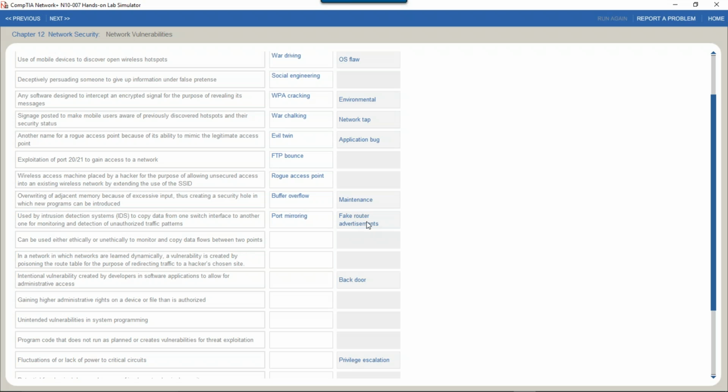But it's not maintenance. It's not saying anything about advertisements, right? Could it be a backdoor? Let me ask you this: can a backdoor be used ethically or unethically? Yes. Yeah, it can, right?